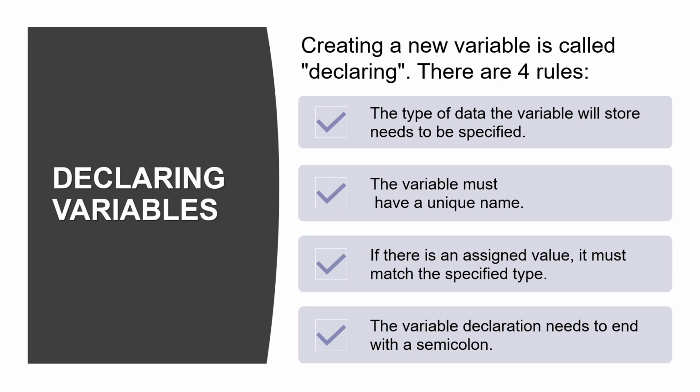We can't store numbers inside of letters. We can't store letters inside of numbers and stuff like that. And also, the variable declaration needs to end with a semicolon. Just like I mentioned before, the semicolon is like the period in English where we're completing a thought and telling the computer we're done with this one sentence. So don't forget that semicolon at the end.